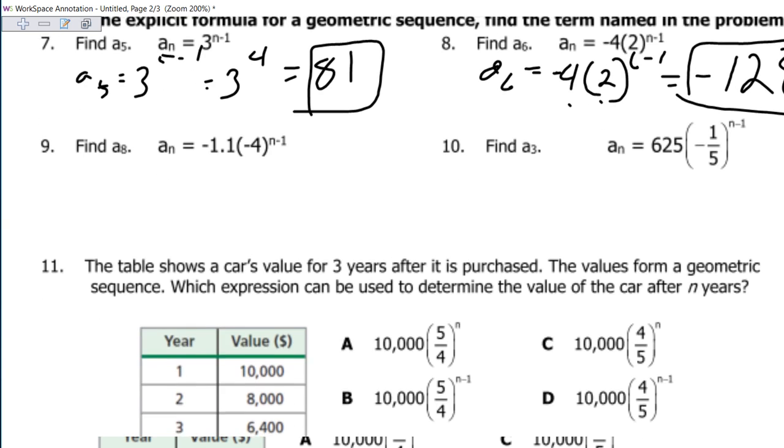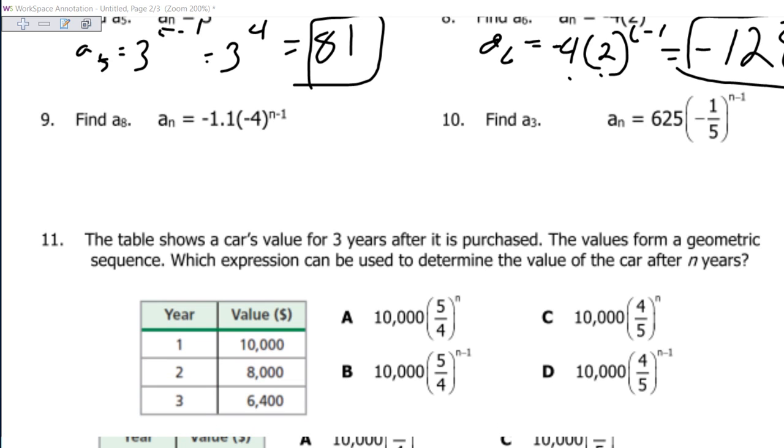Now, let's see, what else do we have here? Now we're going to do a sub 8 equals negative 1.1 times negative 4 raised to the n minus 1. Okay, n is actually 8, so we can go ahead and erase that and put an 8 there instead.